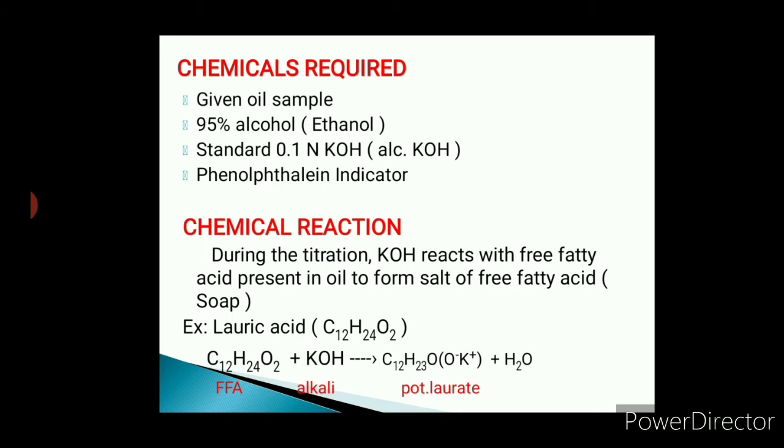Then O2 is the last group, which is the functional group, C double bond O OH. Now this FFA, free fatty acid, lauric acid, when it reacts with alkali, will form a salt, as you can see here, O minus K plus. It is a salt formation, potassium laurate, which will be formed along with the liberation of an H2O molecule.